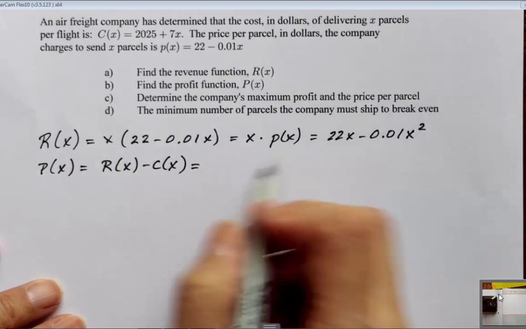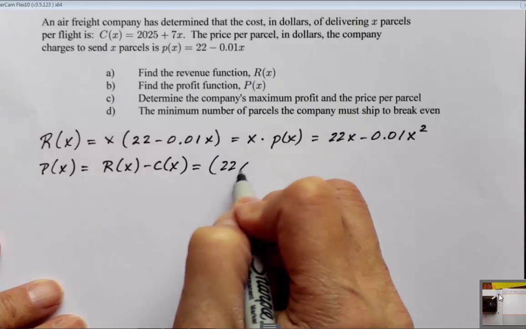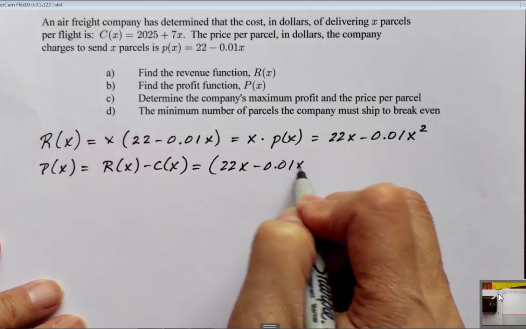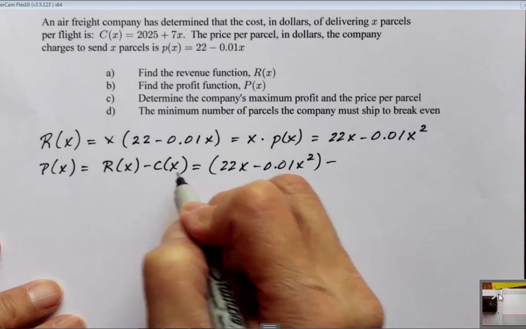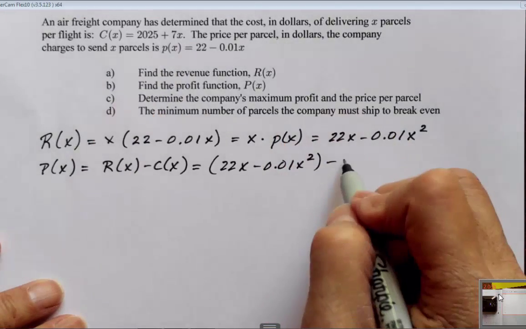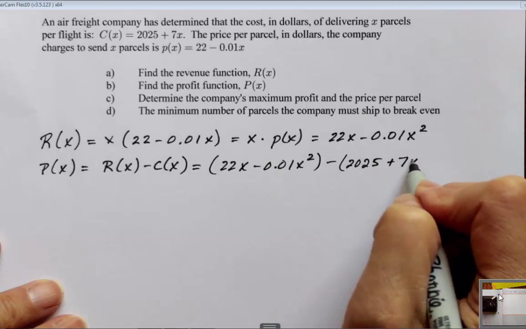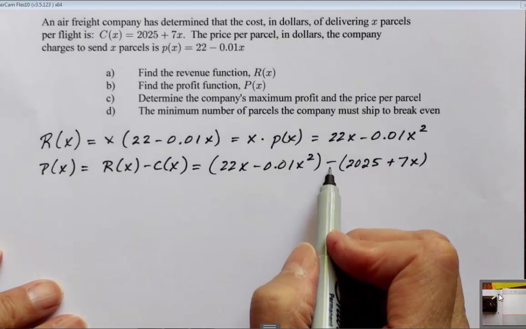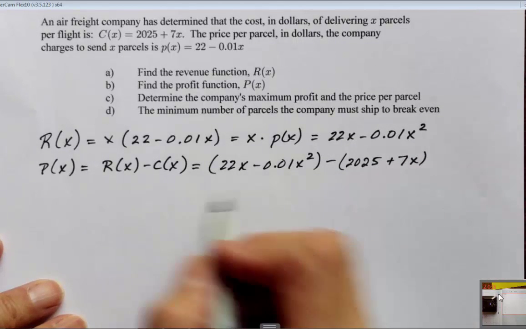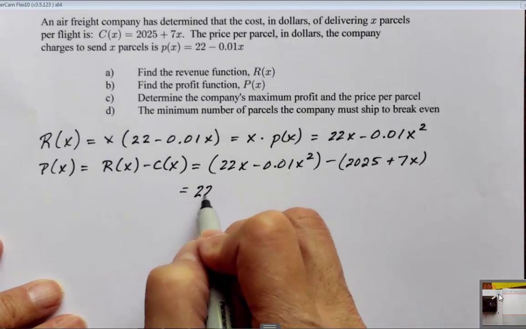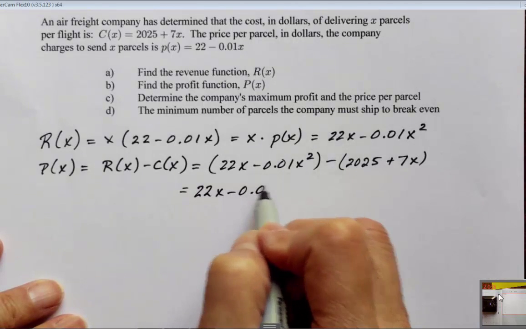To determine my profit function, that's going to be my revenue minus my cost. My revenue I just found, 22x minus 0.01x squared, minus my cost, which is this one right up here. Make sure you use parentheses when you put down your cost function, because you're going to be subtracting this quantity. So when you subtract it, you need to make sure that you carry through the subtraction sign.